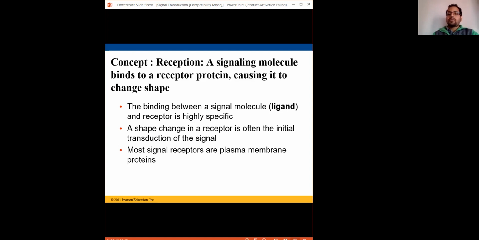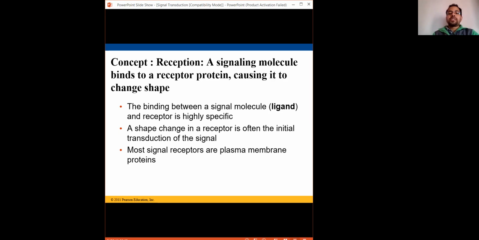We have already talked about this, that the signaling molecule binds to a receptor protein, causing it to change its state. This binding between the signal molecule, which is known as the ligand, and the receptor is highly specific. This specificity is very important for biological activities, and I also told you that for drug designing purposes, this binding is very important. The shape change in a receptor is often the initial transduction of the signal.